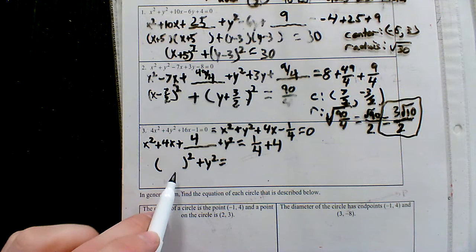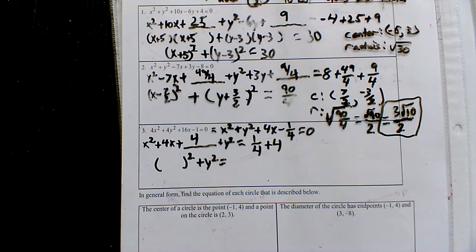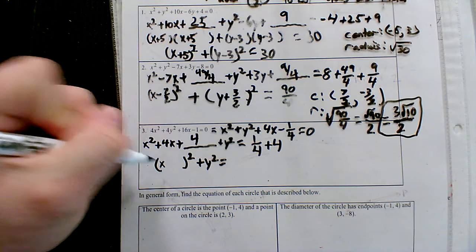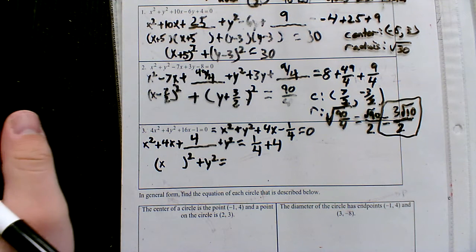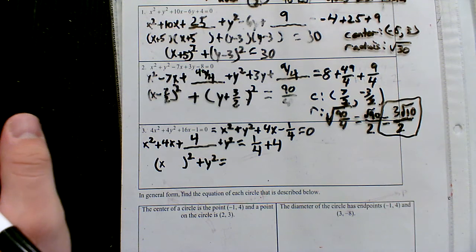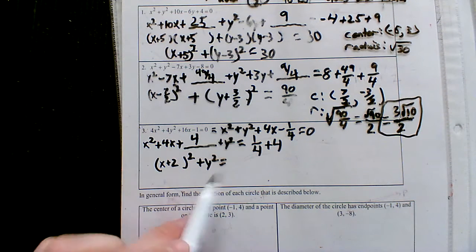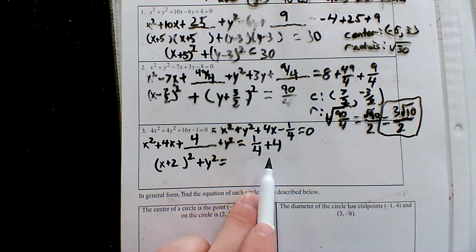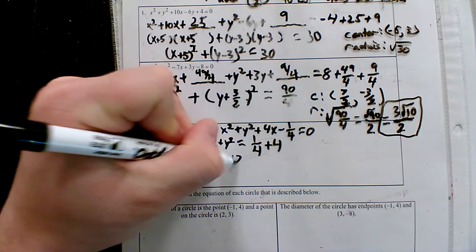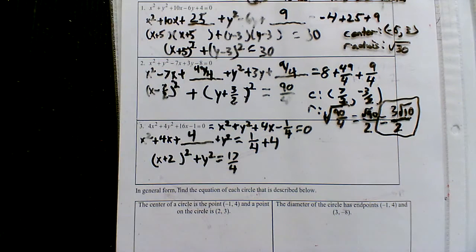Okay, on the left, when we factor the x squared plus 4x plus 4, we get what squared? What's the quantity squared? Going to be x plus 2. X plus 2 squared plus y squared. You add the 1/4 to the 4, get 17 over 4.